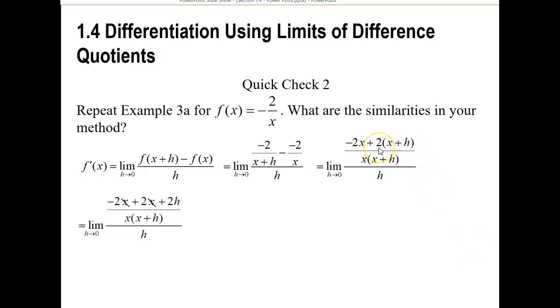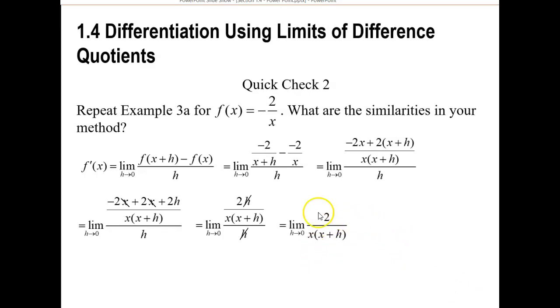Distribute the 2 through the parentheses, so you get negative 2x plus 2h. Nothing else changes. Notice the 2x's cancel. So you're left with 2h over the x times x plus h with the h on the bottom. Again, the h's cancel. And you're left then with 2 over x times x plus h.